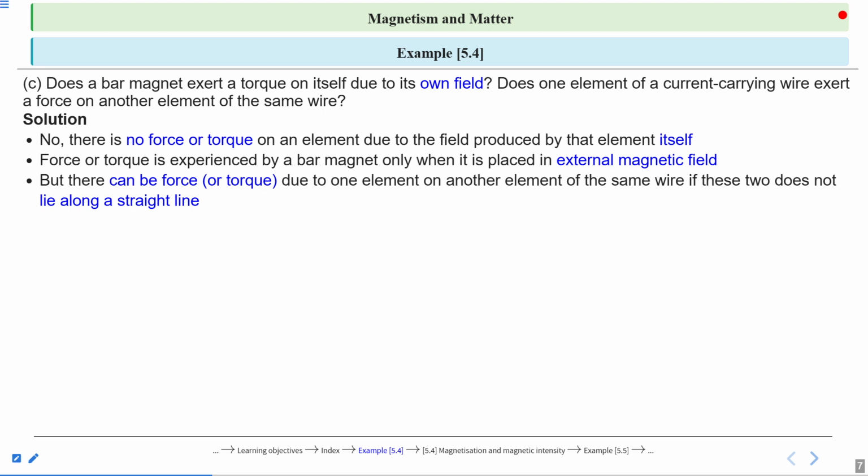Okay, because in dl cross r, the r vector becomes zero if we are taking a point along that dl vector. So the distance of the point from the dl vector becomes zero. Because due to that dl vector, theta becomes zero.